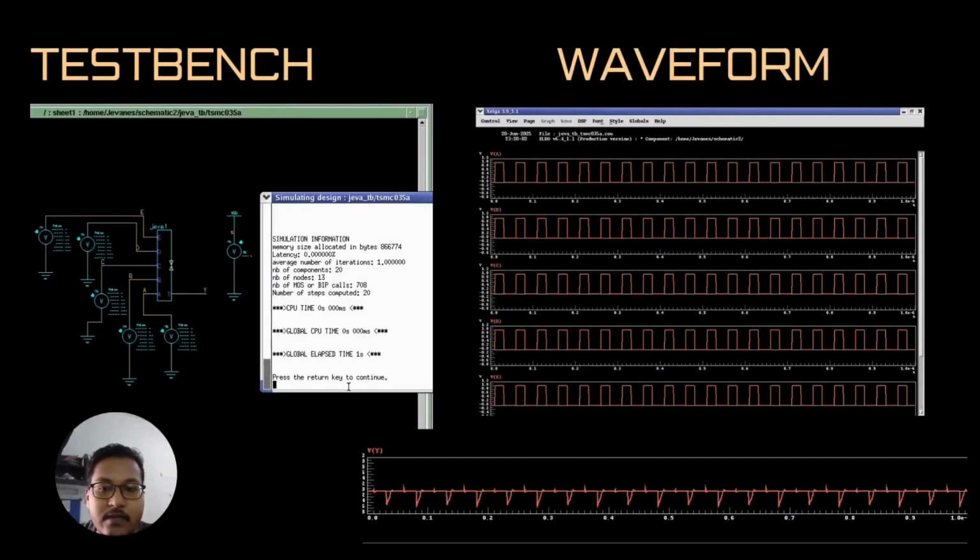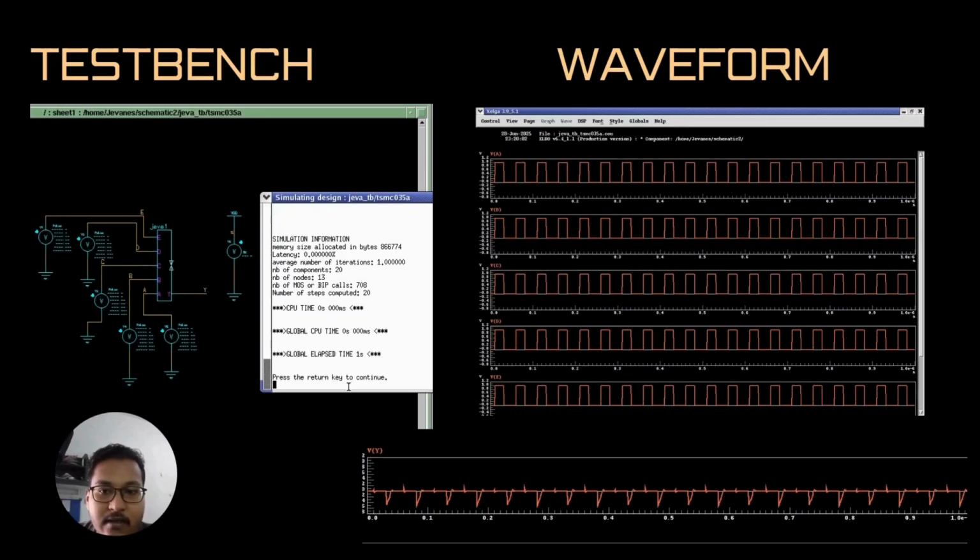Then, from the schematic, we generated a symbol which we will use in the test bench. For this test bench, we create another schematic sheet.